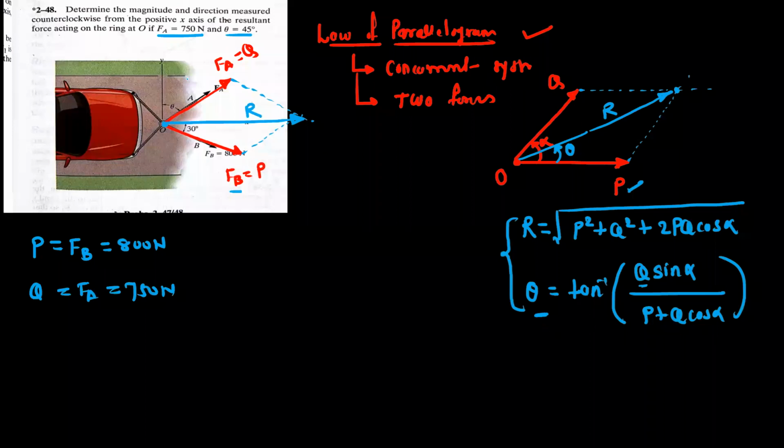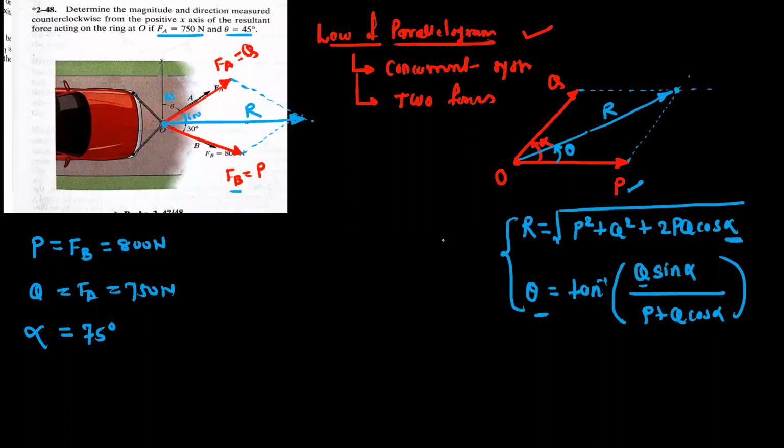This angle is given with respect to the y-axis. We require the alpha angle between the two forces. So total angle will be 30 plus 45, so alpha is 75 degree.